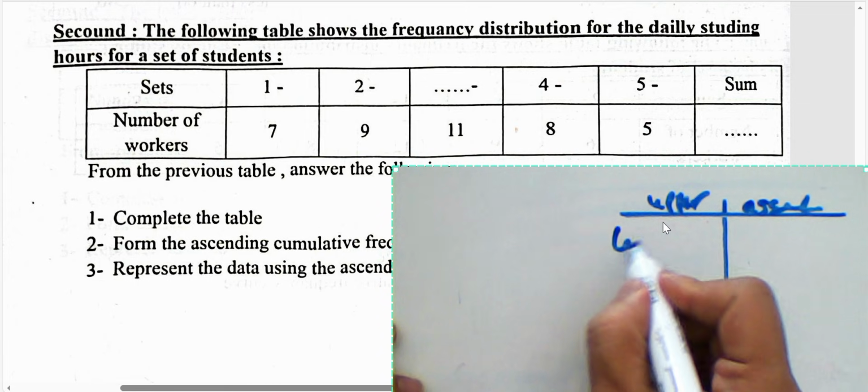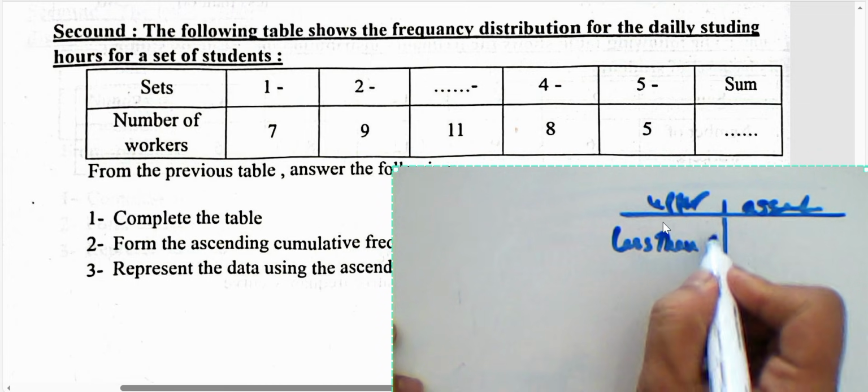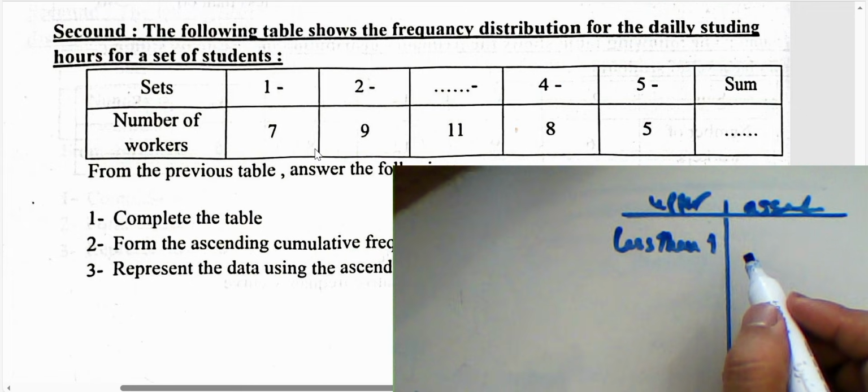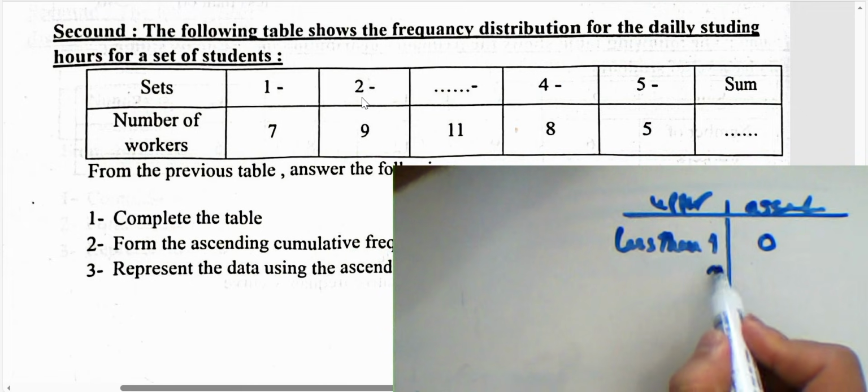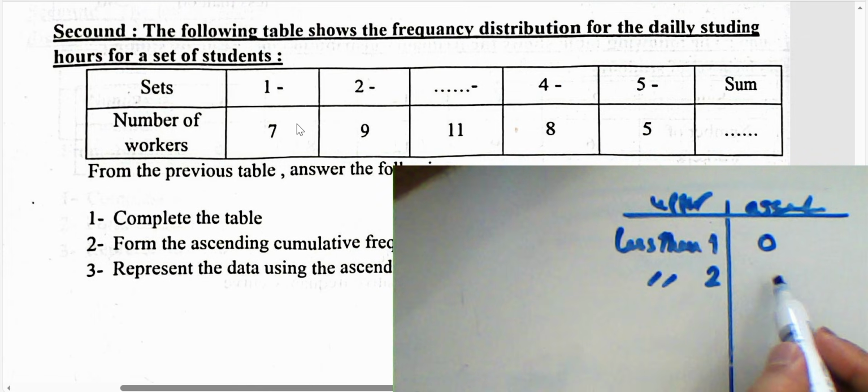Start here less than 1. Look at here, less than 1, we haven't anything, right? 0. Less than 2 is 7.